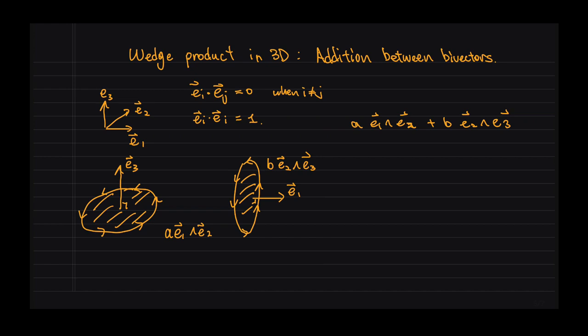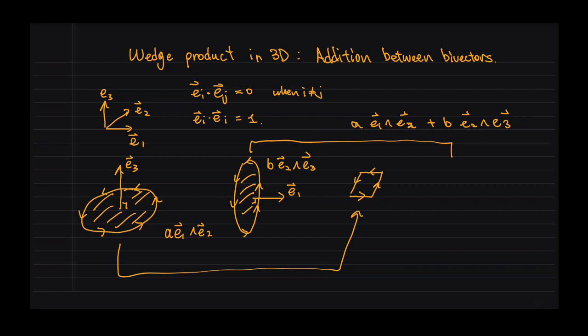Do you remember we can deform the bivector if we like? So in this surface, we can draw it in this way. The area is still A and it's oriented here, right? And this, we can draw it in this way.